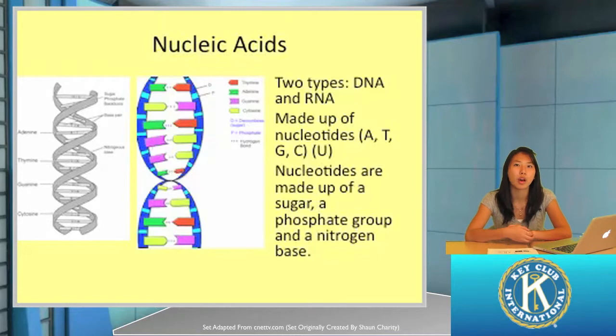And lastly, the nucleic acids. There are two types, DNA and RNA. They're made up of A, T, G, C: adenine, thymine, guanine, and cytosine.